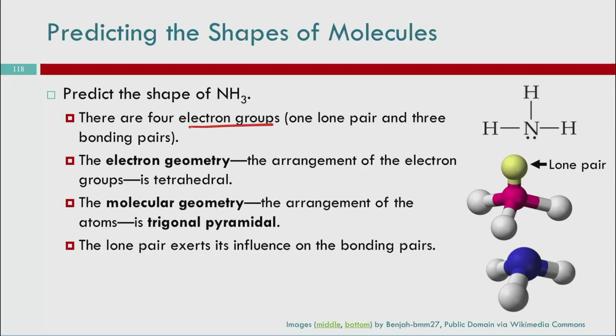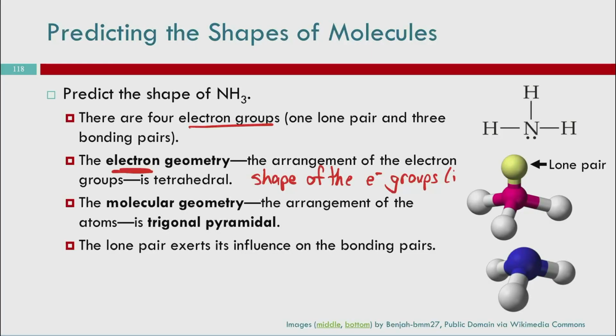And so we've got 3 groups that take up space and 1 that doesn't, but the one that doesn't still deflects the other groups. So we've got 2 different types of geometry. We've got electron geometry. This is the shape of the electron groups.